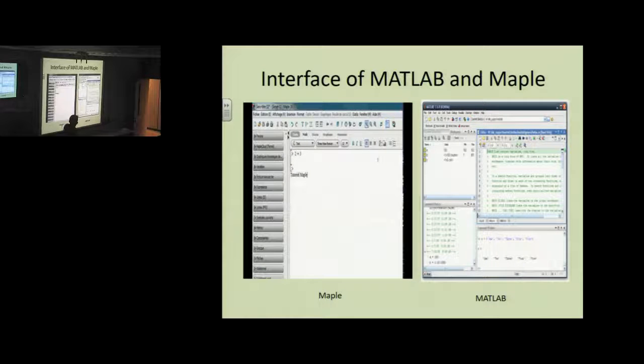These are the interfaces of two commonly used general purpose software, MATLAB and Maple. On the left you can see the interface of Maple. We have a couple of packages on the left hand side.